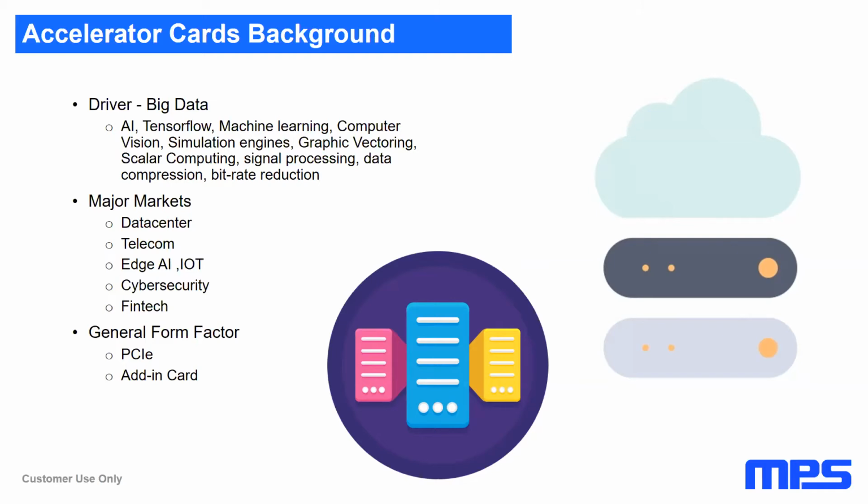We've seen a lot more edge networking cards where companies need to compress data before sending it out, which can come in handy with security cameras or IoT. We're also seeing big strides in cybersecurity and fintech, where companies develop these cards to further deal with the data influx that they're getting.